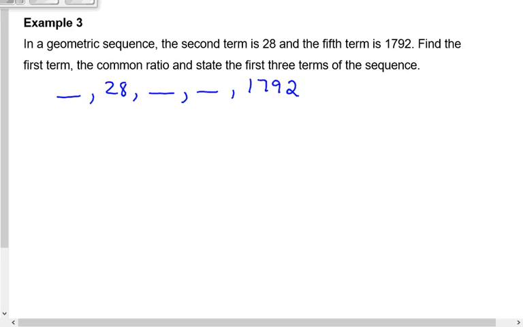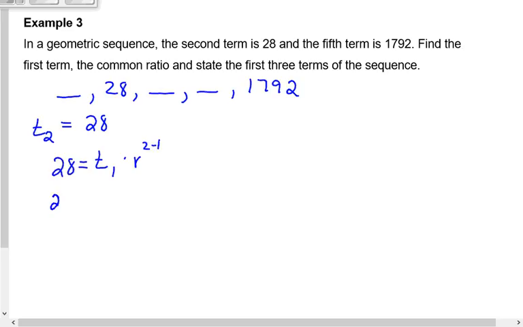So we can start by using multiple formulas. So we know that T2 is equal to 28. We can substitute 28 in for Tn, and then we're left with T1 multiplied by R to the power of n minus 1. N in this case is 2 because we're working with the second term.